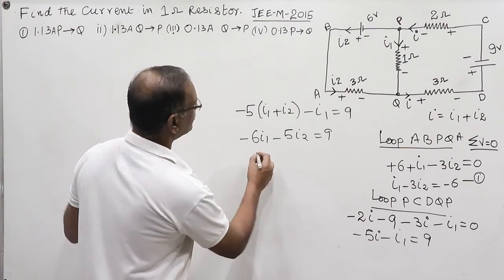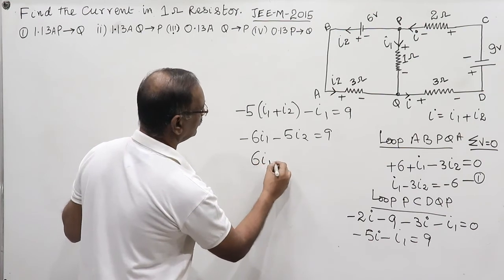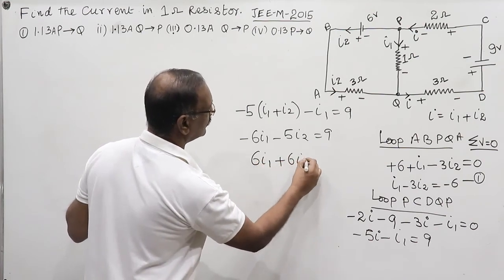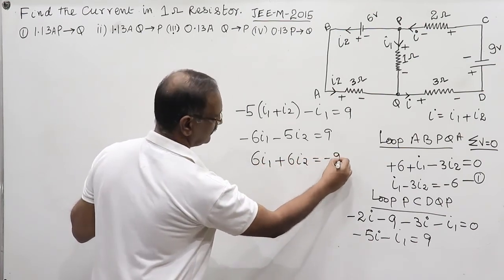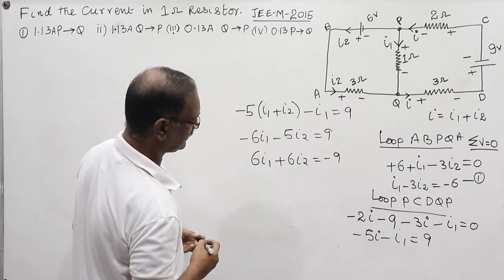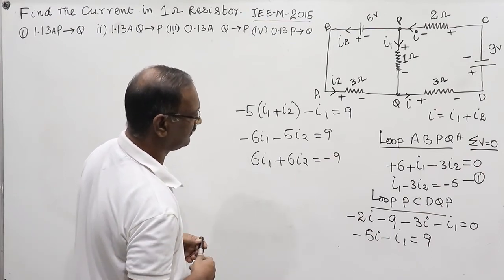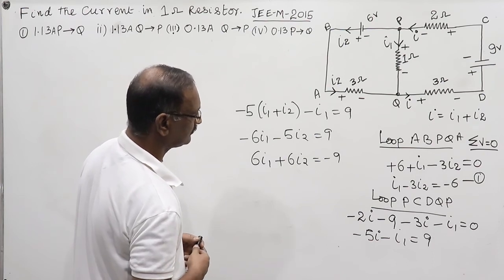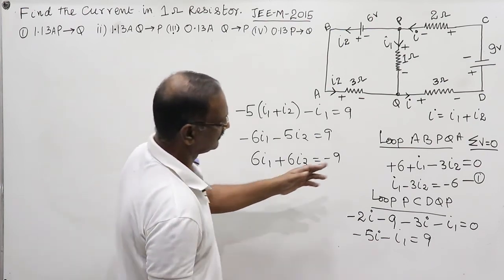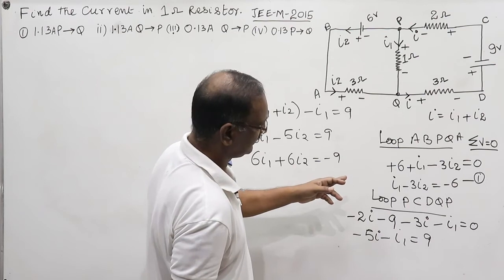So 6I1 plus 5I2 is equal to minus 9, we can write it this way. This is the second equation. Okay, so is it right? Is our calculation right?